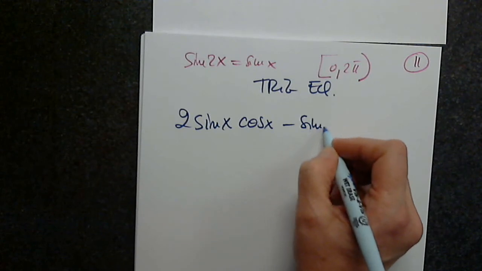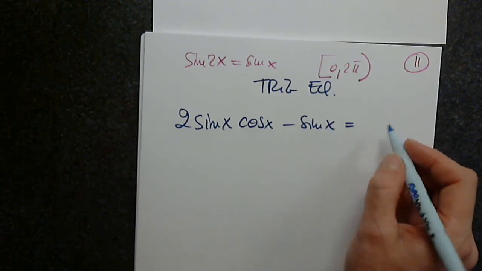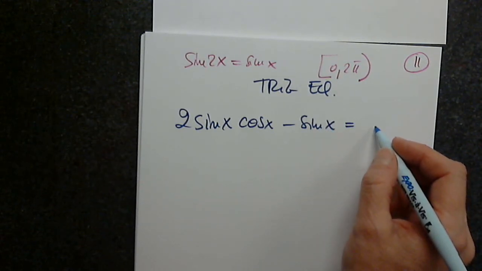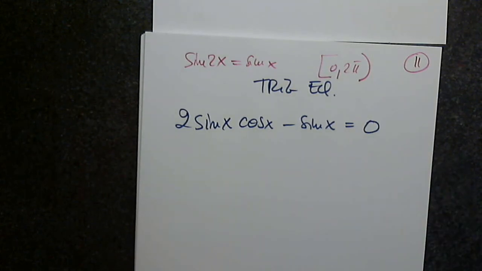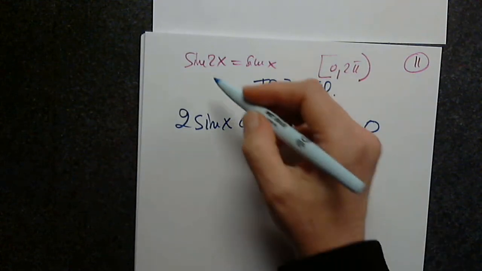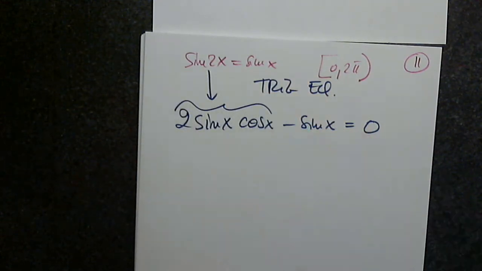Of course, I'm going to subtract sine x, and what is left on the other side? Perfect. It has to be. Good. So we replaced sine 2x by 2 sine x cosine x, and we subtracted sine x. What do you think I'm going to do next?